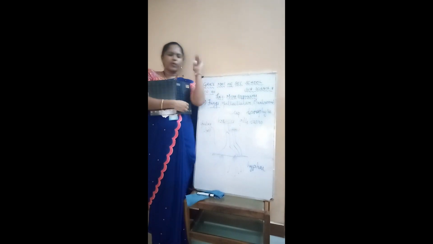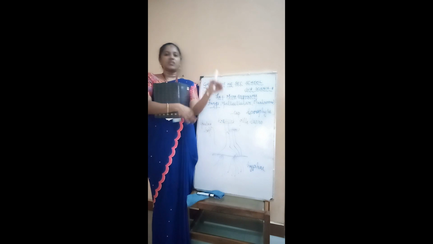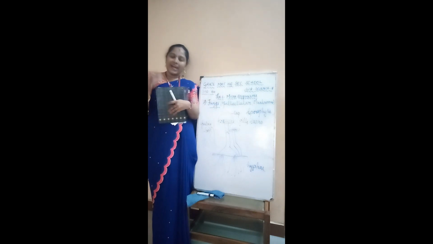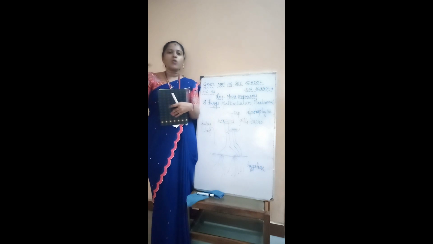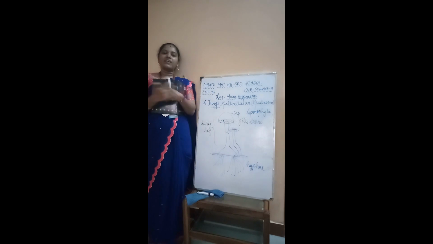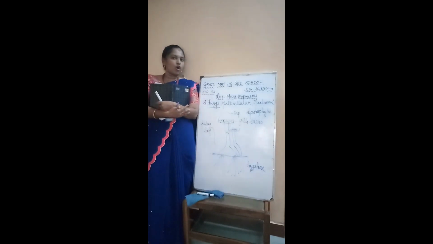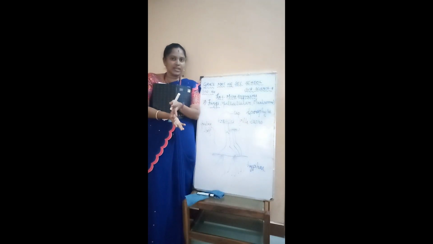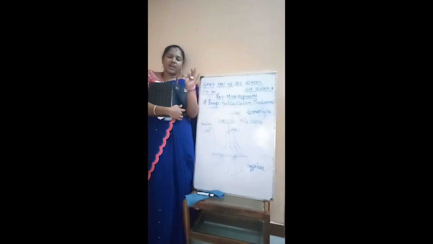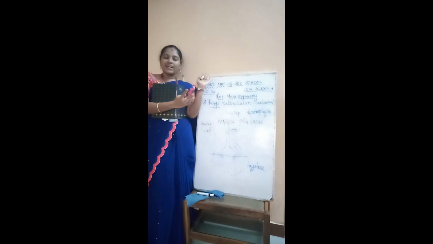So let me have a quick recap of what we have covered in this class. First one is about bacteria. Next one is about virus. Third is about fungi. Bacteria is a prokaryote because it doesn't possess any nucleus. The study of bacteria is called bacteriology.